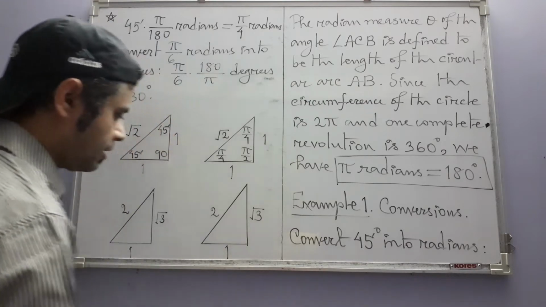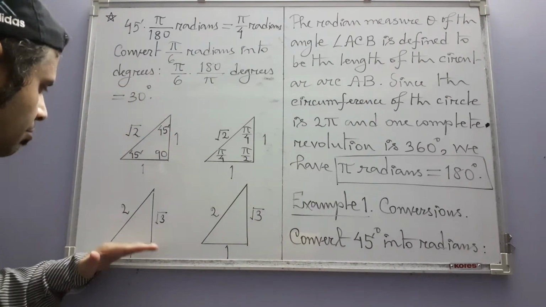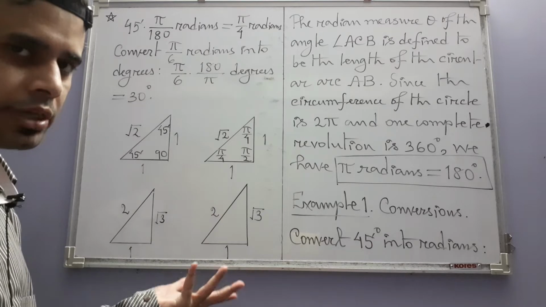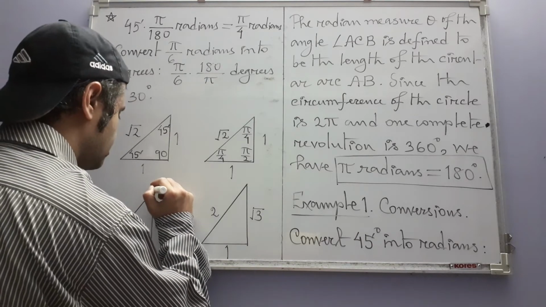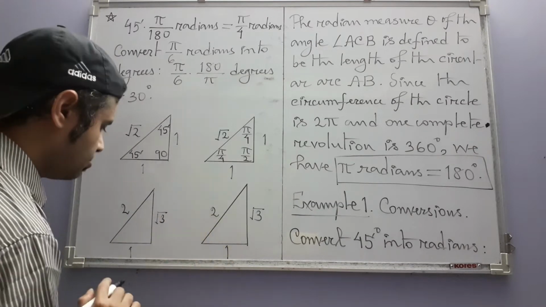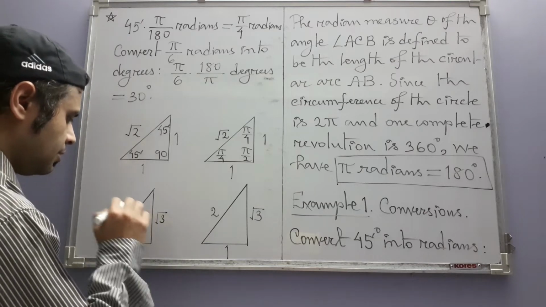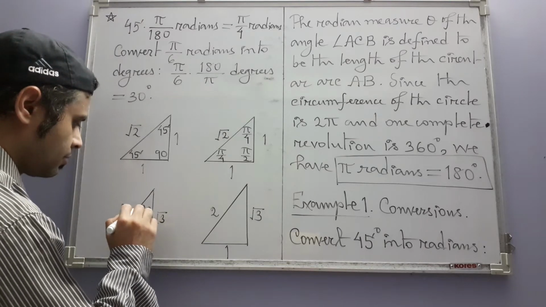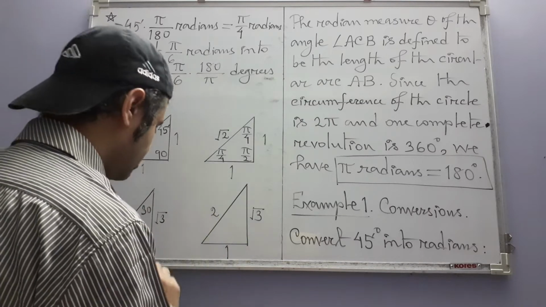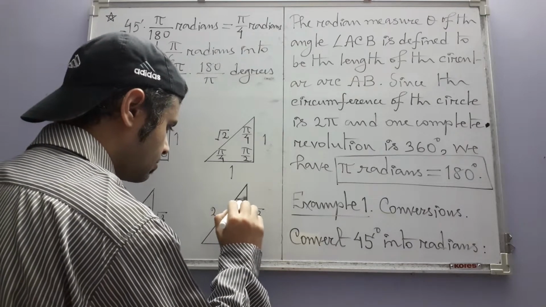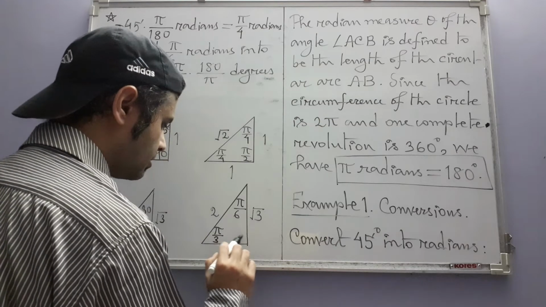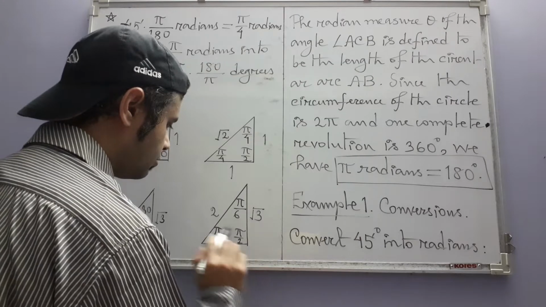If one is extra careful, one can make this line twice as long as this one and then make a right angle triangle, but you get the point. We are not actually doing constructions, so there is no need to be absolutely perfect geometrically. Now here this one is 30, this one is 60, this one is 90. In radian measure, this is pi divided by 6 radians, this one is pi divided by 3 radians, and this, like before, is pi divided by 2 radians.